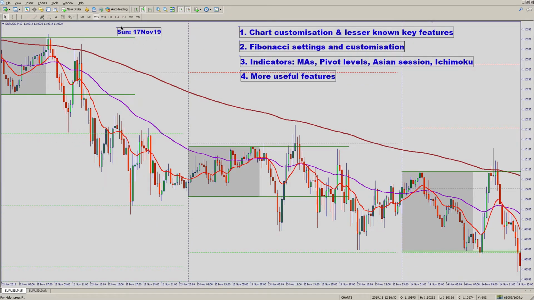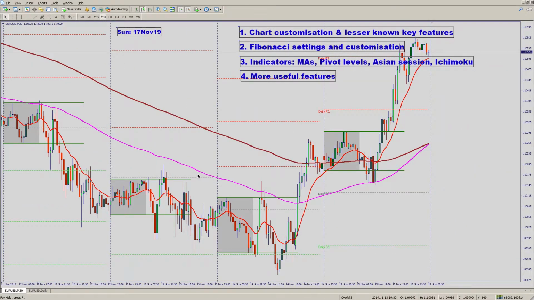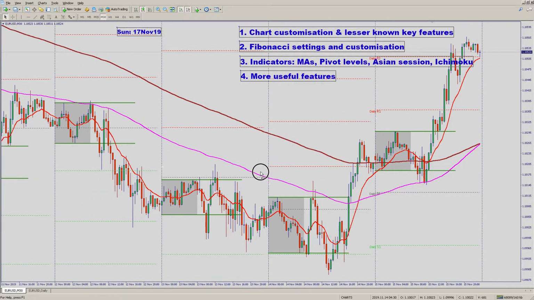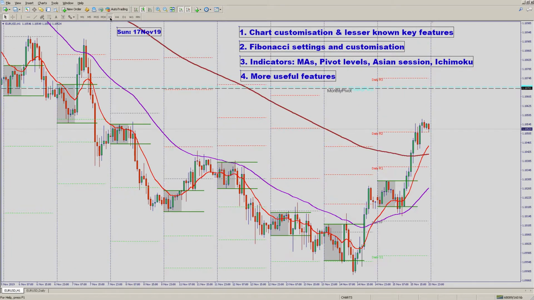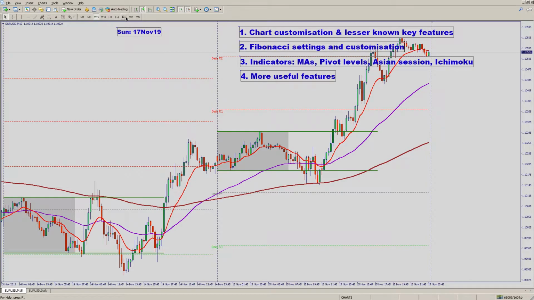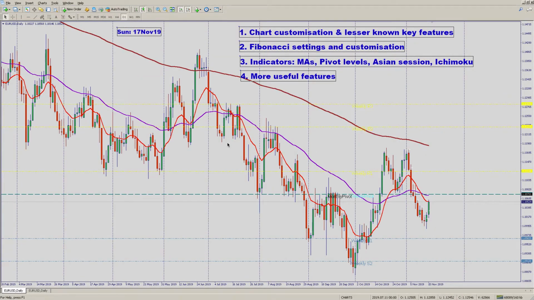But the idea here is to show you that you can have different sets of moving averages, or even different sets of indicators at various time frames. On an hourly time frame you could add different types of indicators from the 15-minute time frame, and something different on the daily time frame.